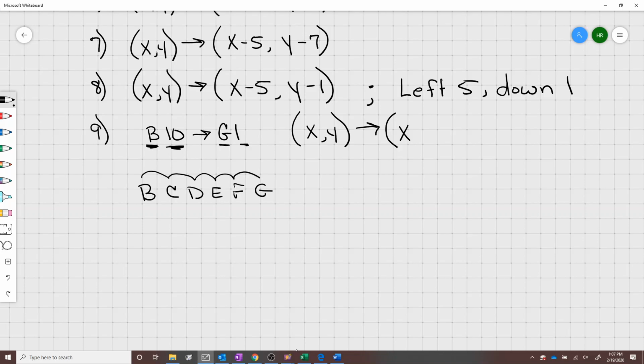So she's got to go x plus 5 places. And then she's in seat 10, but she's got to get to seat 1. So do you go up or down? Yeah, you go down 9 seats. That puts her in her correct seat. There's your rule. x plus 5, y minus 9.